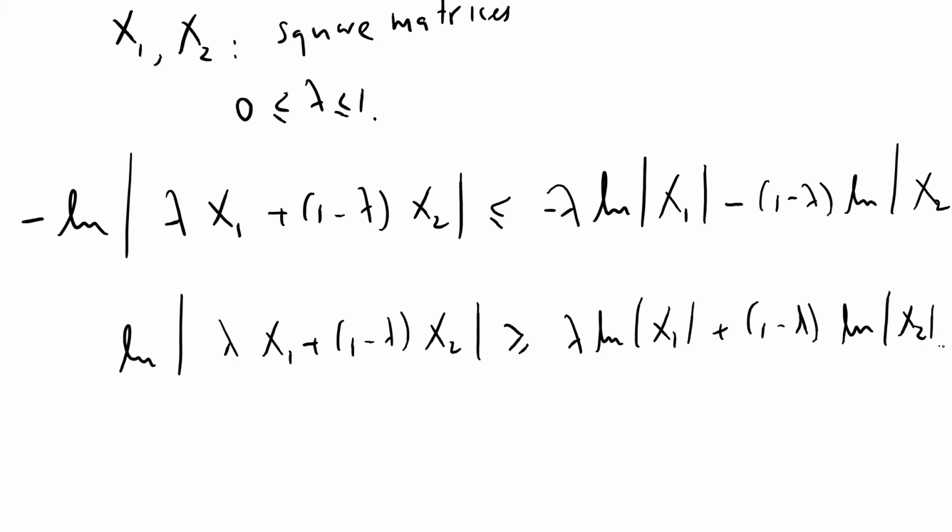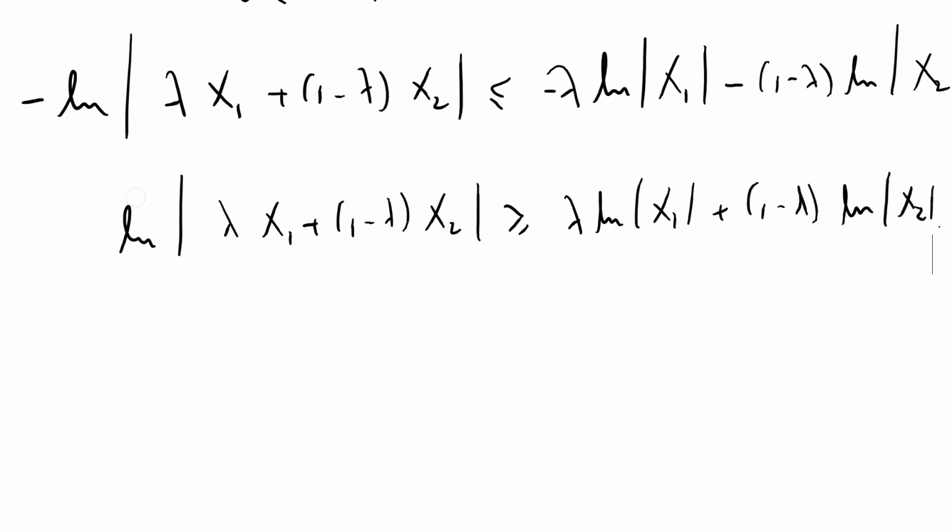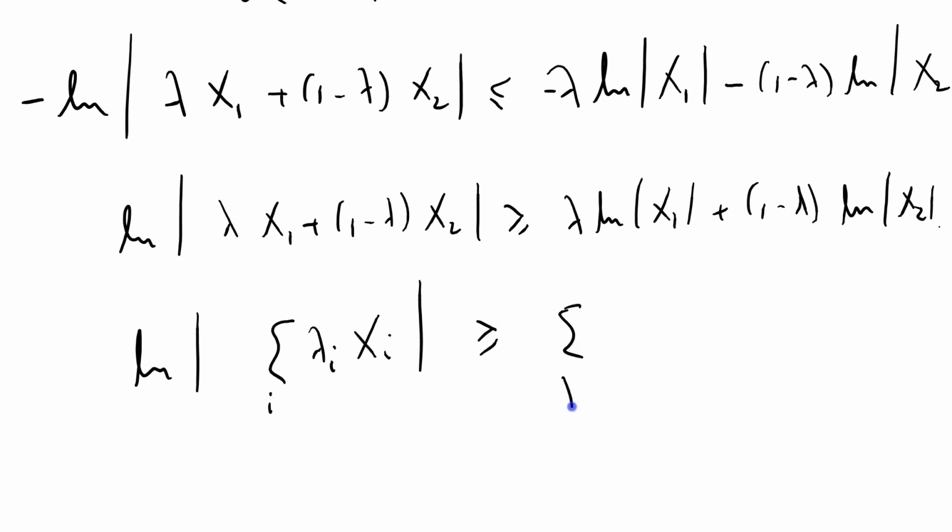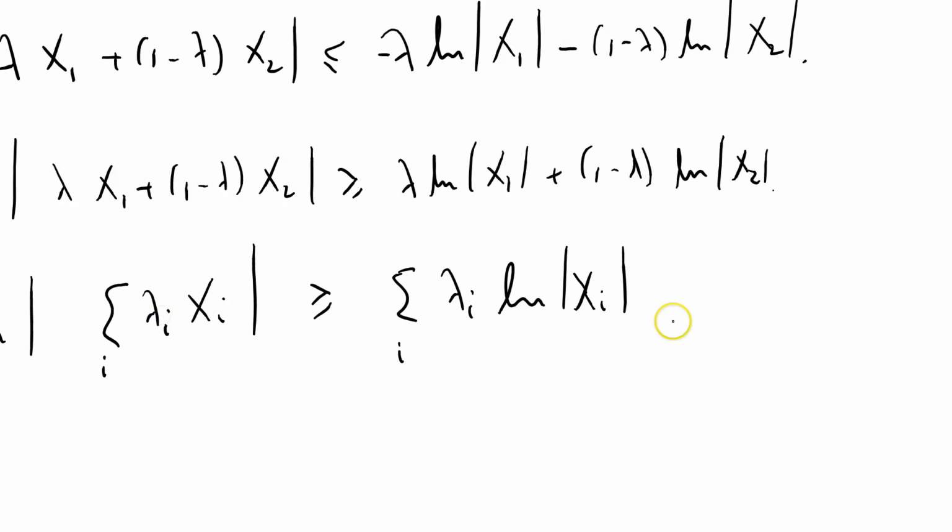And of course I can play with that if I want to. But the general case is that the log of the det of sigma over i lambda i xi is greater than or equal to sigma over i lambda i log det xi, where sigma lambda i equals 1 and lambda i greater than or equal to 0.